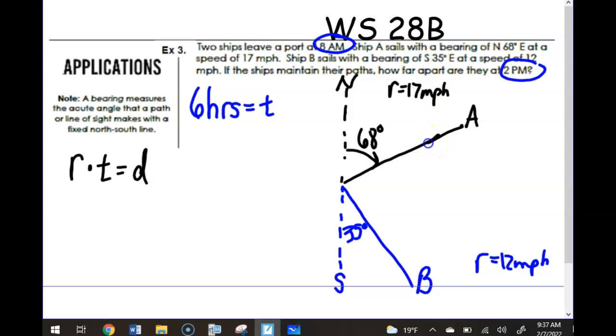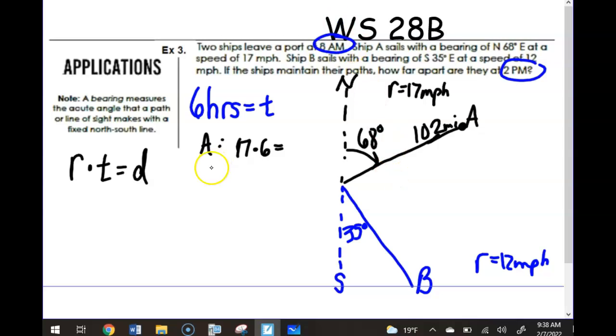If we do rate times time equals distance, ship A would be 17 miles an hour times 6. Somebody help me. That ends in a 102. Is that right? Okay, that's 102 miles out for ship A.